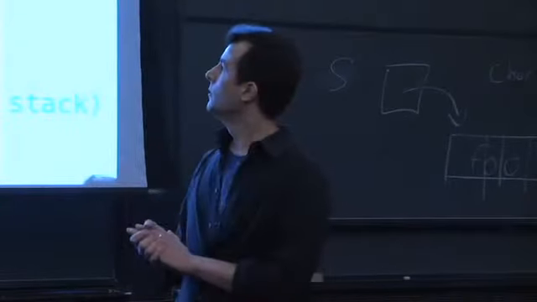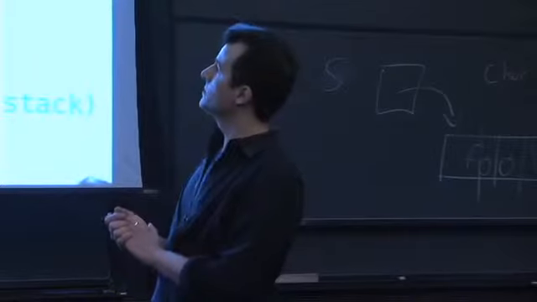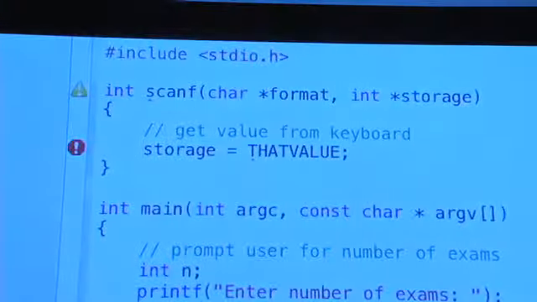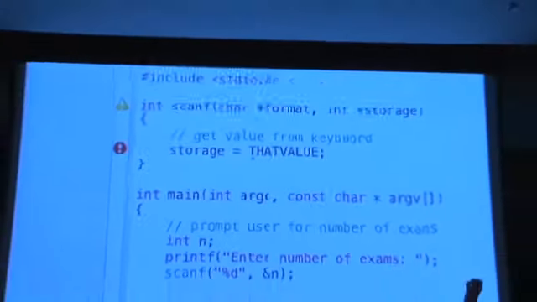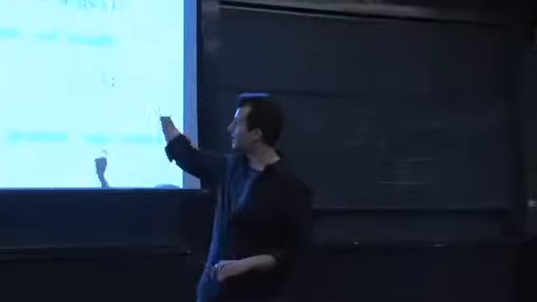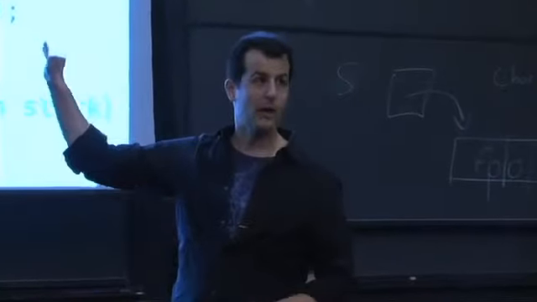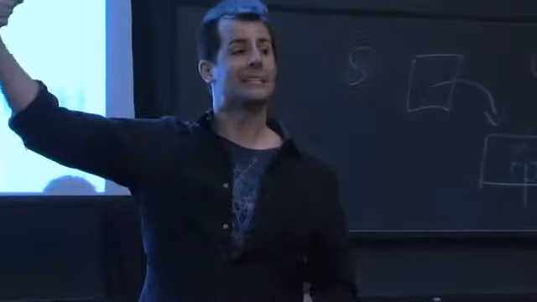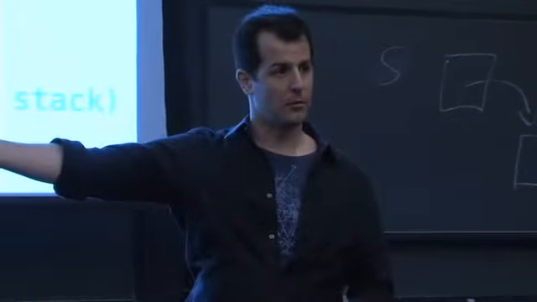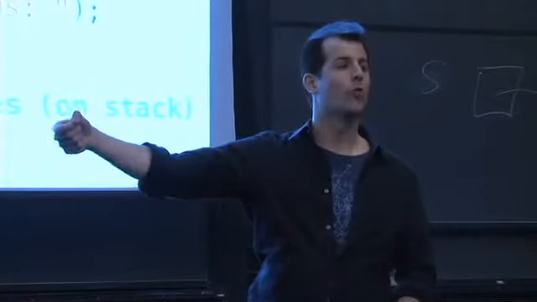So storage represents, this would not compile, but the other problem is even if you forced it to compile, you'd be changing the contents of storage, not what's at the address that was pointed at by storage. You're changing the wrong bits.